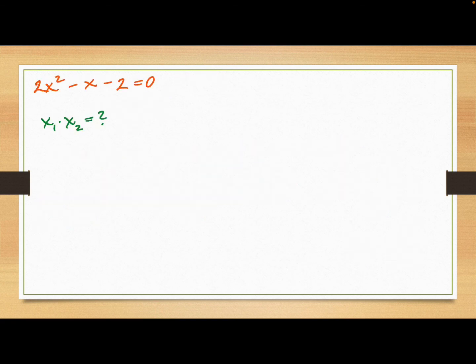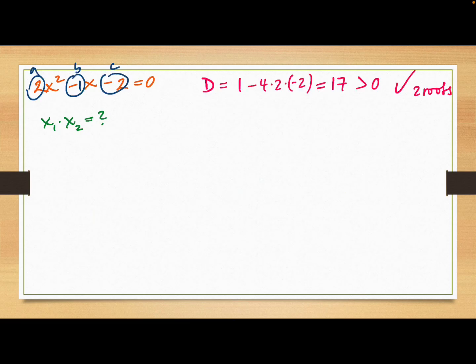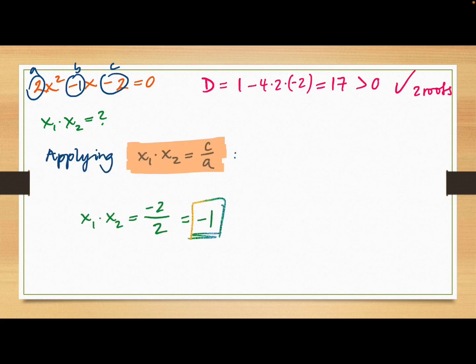Now let's apply this on the previous example. We have already checked the discriminant when we determined the sum of the two roots, so we do not need to do that once again. And then we can apply the formula we gained, x1 times x2 being equal to c over a. c is minus 2, a is 2, substituting which you get minus 1 for the product. Now this is much quicker than working out the roots separately and then taking their product.